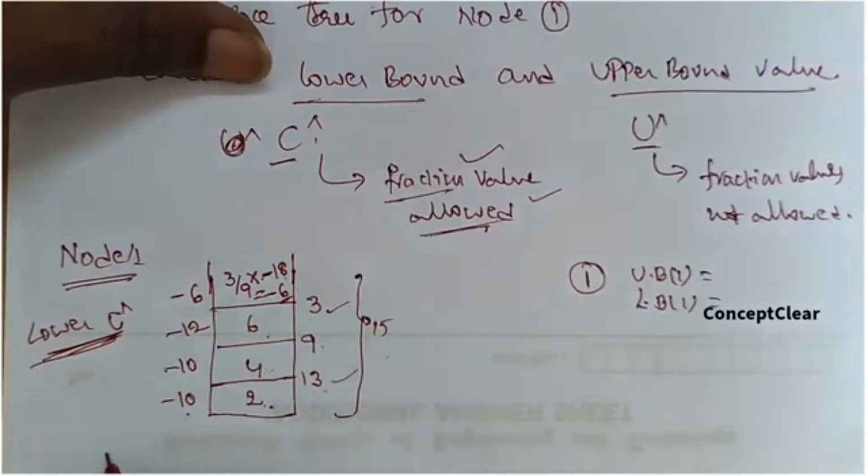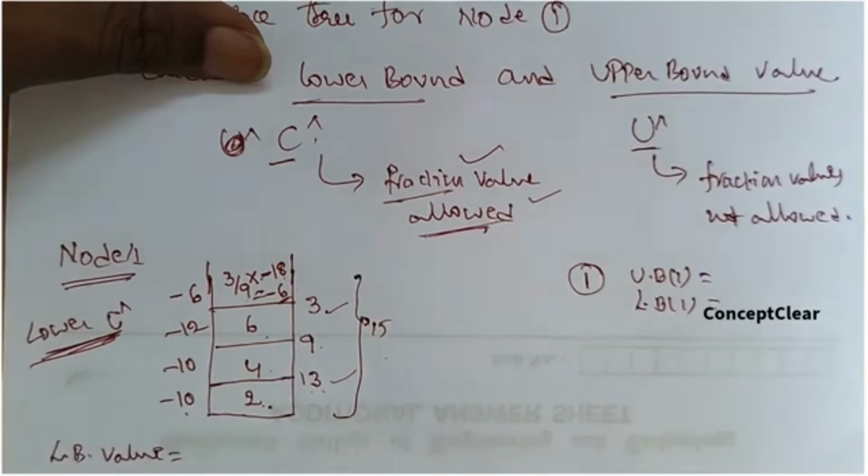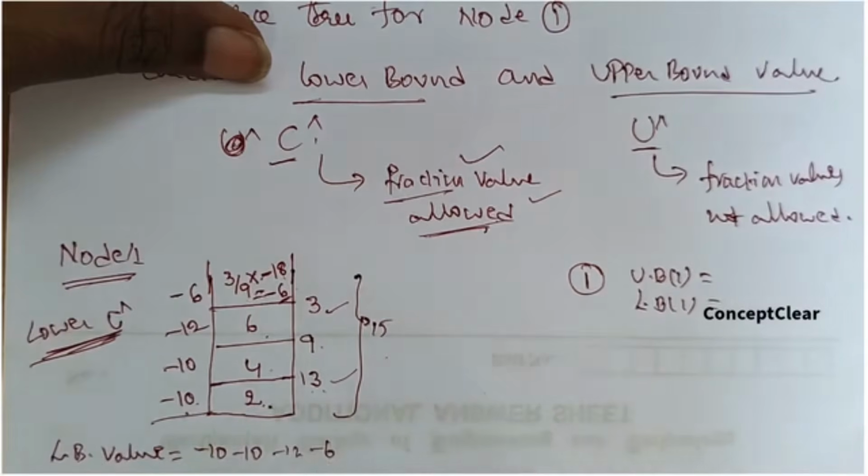Now we have to calculate the lower bound value. The profits are minus 10, minus 10, minus 12, minus 6, which equals minus 38.